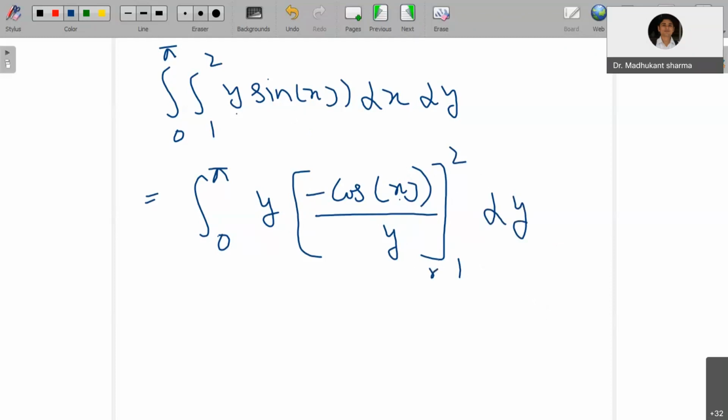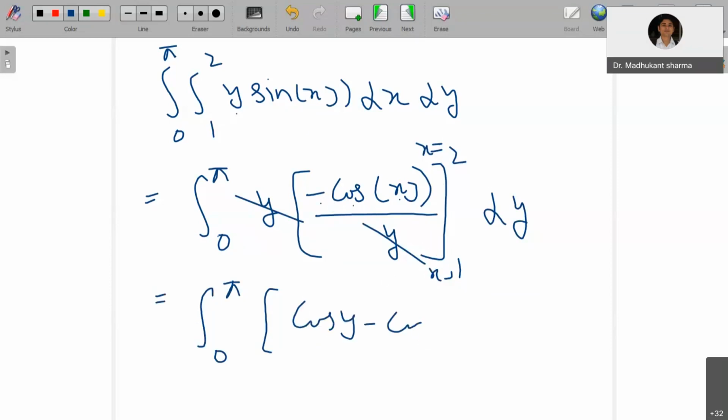Now x equals 1, x equals 2. Now this y will get rid of, and what you are going to have is integration from 0 to pi. Now the minus sign is there, so minus cos 2y plus cos y. So cos y minus cos 2y dy, and now you can integrate.